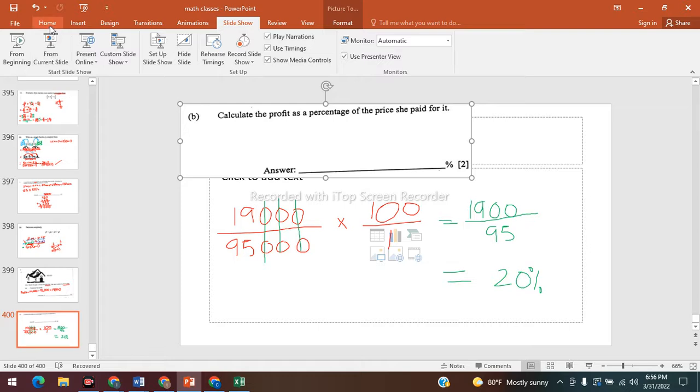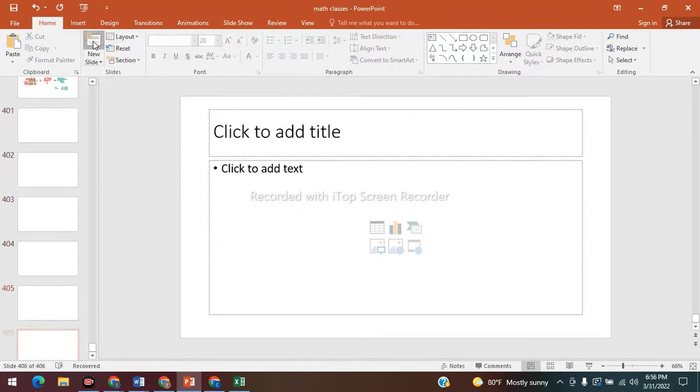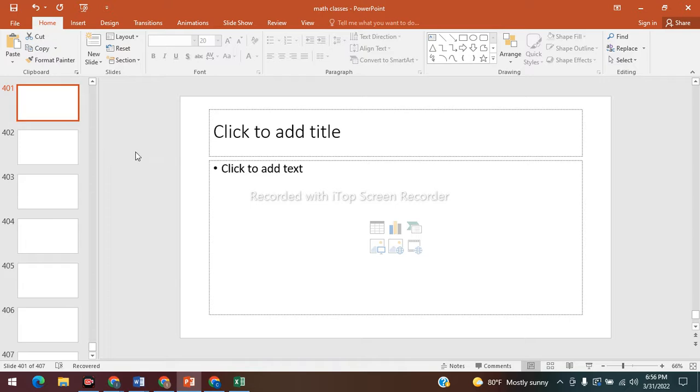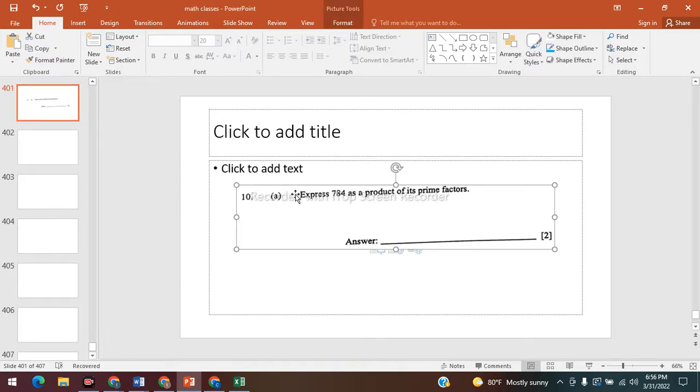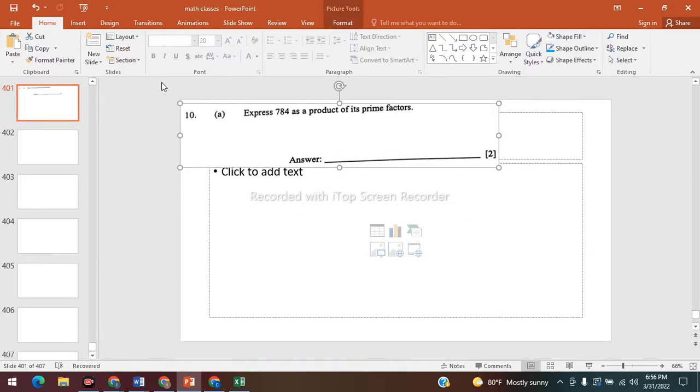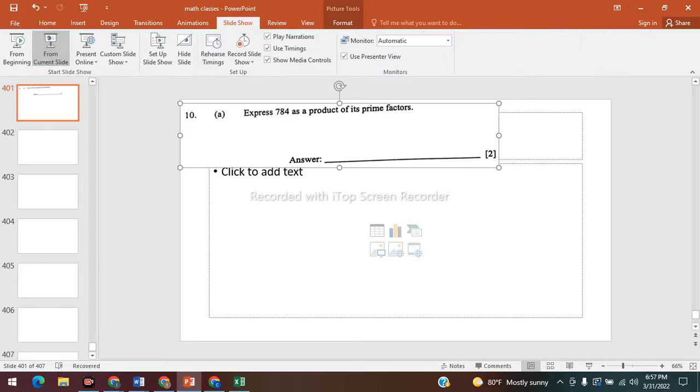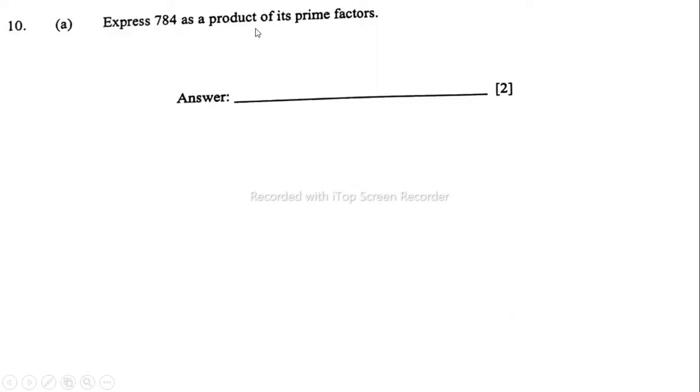Alright, so let's consider this one. Consider this number. It says here, express 784 as a product of its prime factors. Alright, so do that for me. 784, break that down as a product of its prime factors.